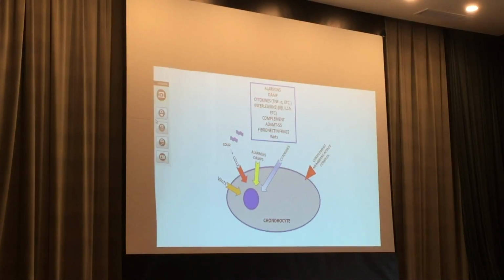But before it does, the chondrocyte will respond to these various signaling inputs with a transcriptional response, an RNA response, an entire library of genes designed to break down cartilage and perpetuate the inflammatory response within the joint.